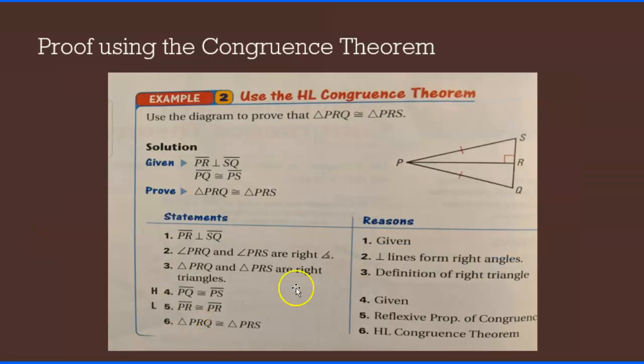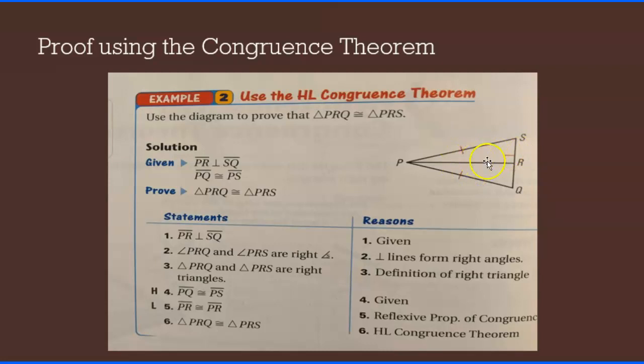Okay, now we can say that PRQ and PRS are congruent because the angle opposite, there's the, can't even say it, hypotenuse. Here's the hypotenuse. Those are equal, congruent.